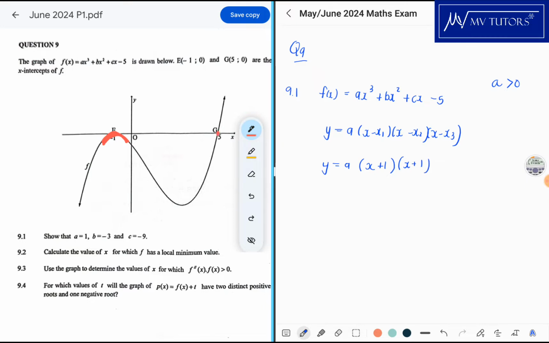And then you have another point there, x minus 5, all right? Now that we have substituted the x-intercepts, we're now going to substitute the y-intercept, which is minus 5. So minus 5, and where you have a y-intercept, it means x is 0. Okay.